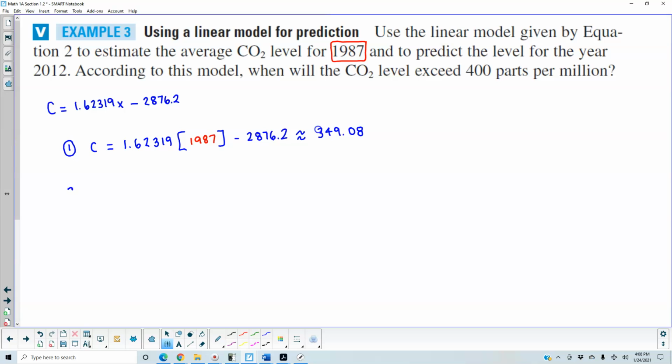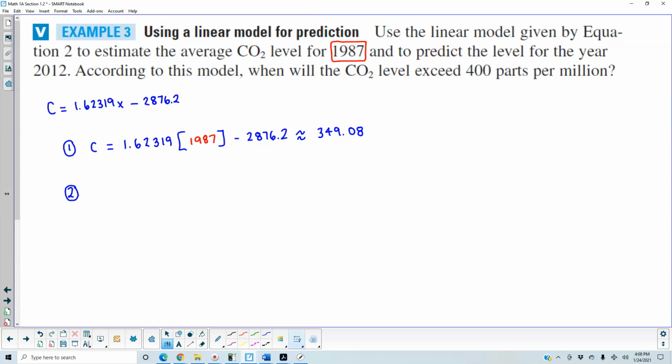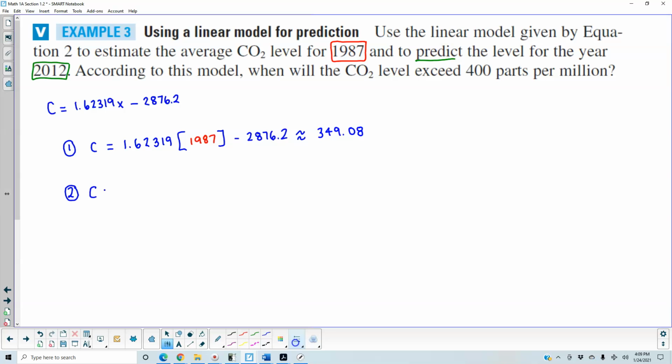Now, in part 2, it's asking us to predict the level for the year of 2012. So again, very similar to the previous example here.